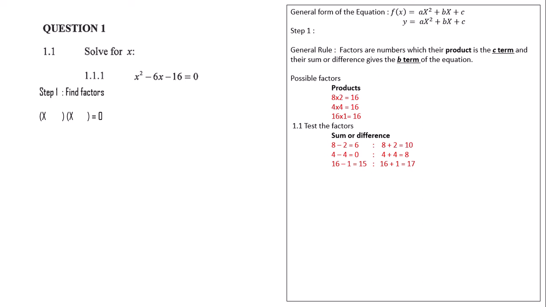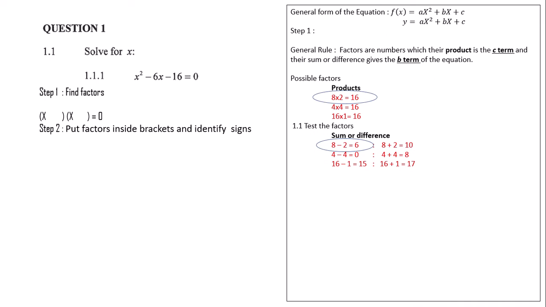We have identified 8 and 2 to be the factors that are suitable to use, and there they are being circled right there. And the next thing that we're going to do is take our factors and put them into our brackets, and then proceed to identify which signs we should use inside the brackets.